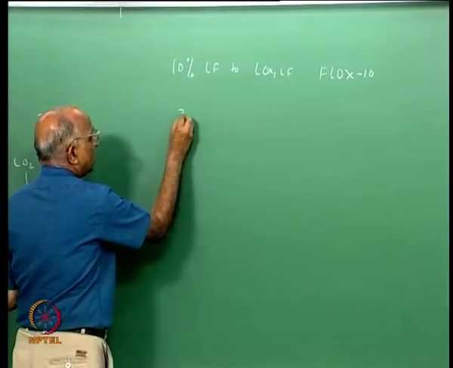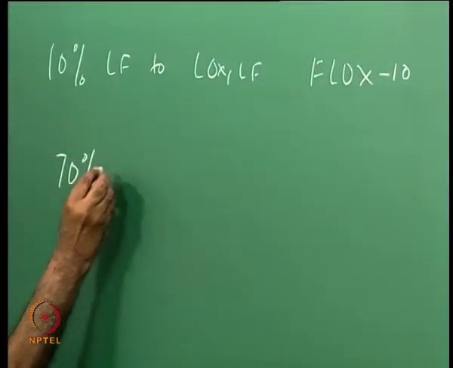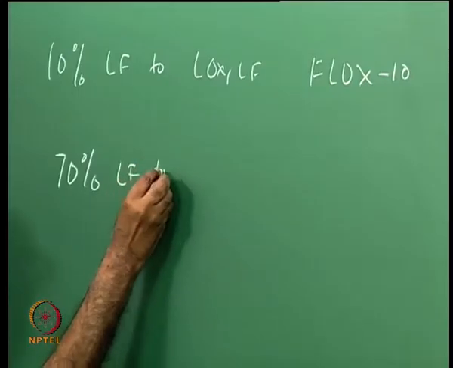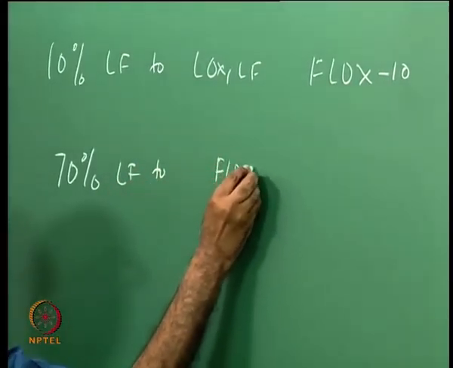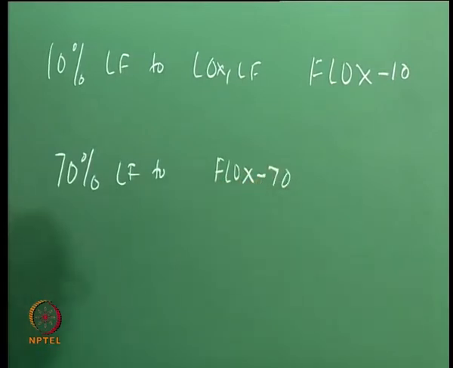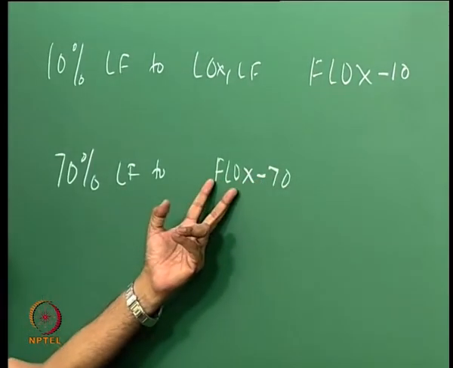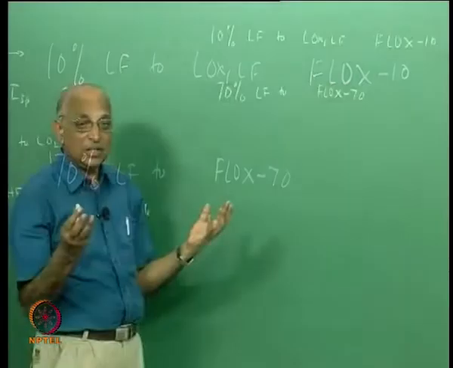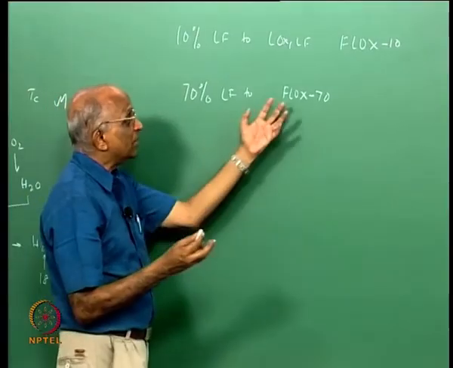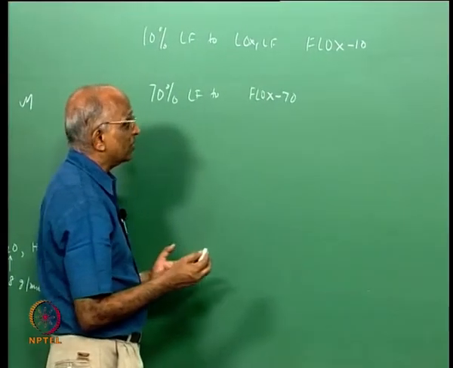If I add 70% liquid fluorine to the liquid oxygen mixture, I call it FLOX 70. By using FLOX instead of liquid oxygen, LOX, I get much higher specific impulses, and therefore these are considered higher energetic substances.